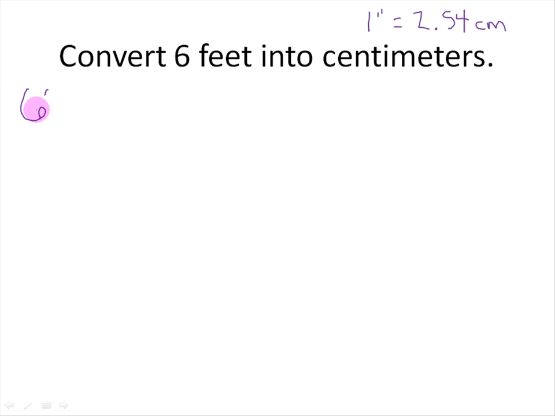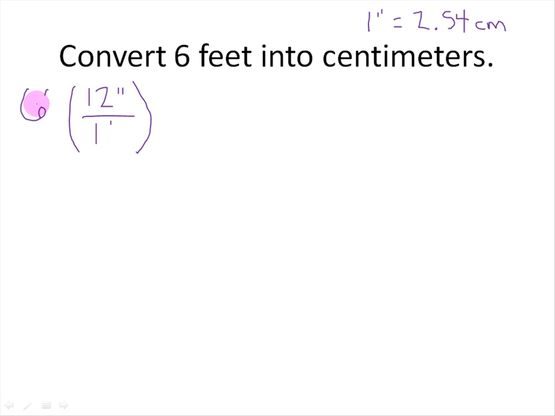So first we're going to have to convert 6 feet into inches, and then we're going to have to multiply times 1 to find out how many centimeters that is. So 6 feet, we know that there are 12 inches in 1 foot. So we'll multiply 6 feet times 12 inches over 1 foot.